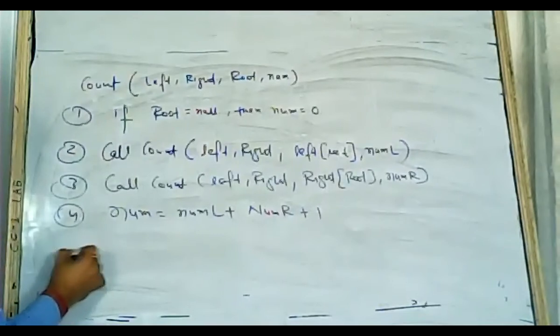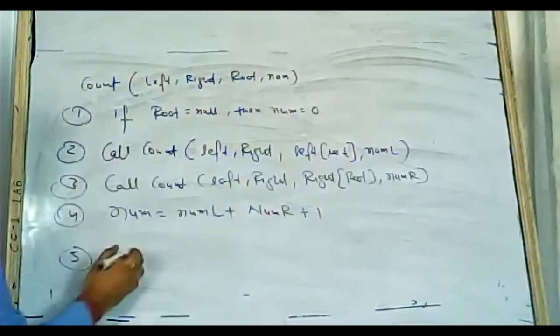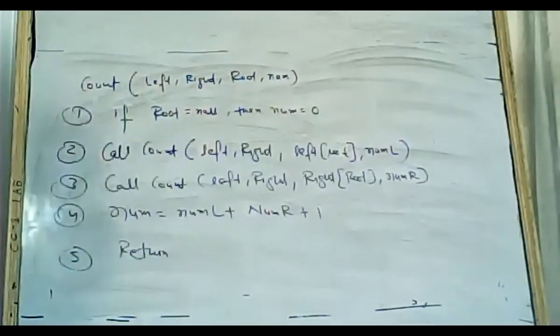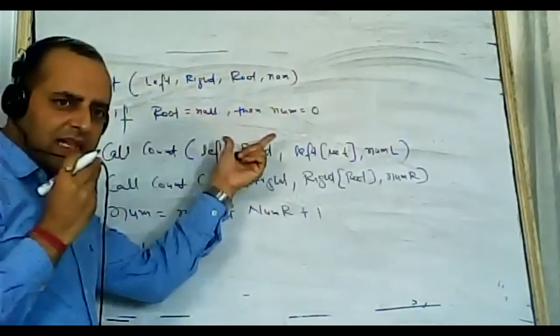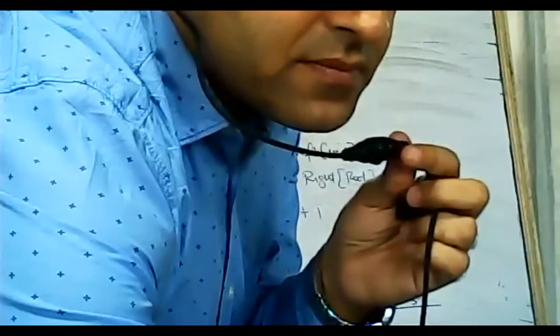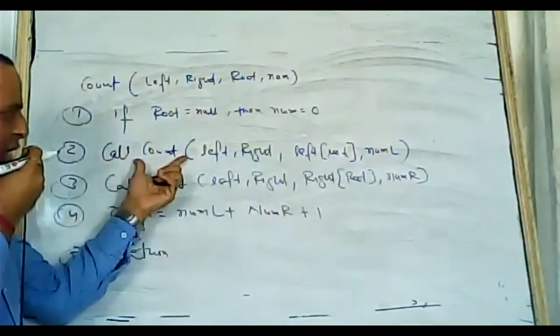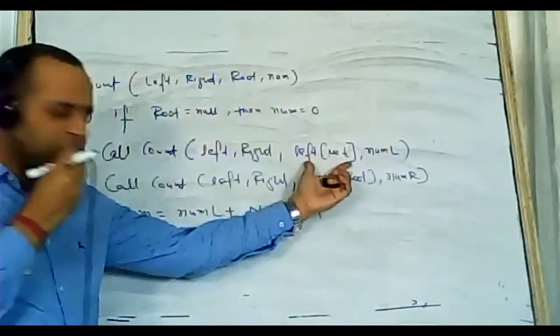Is it easy? Yes, sir. A very small algorithm. If root is null, number of nodes will be 0. Otherwise, I will count the number of nodes for left of root.